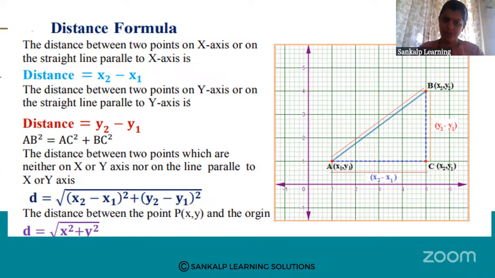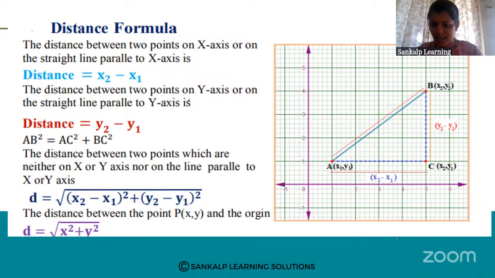So distance formula is D is equal to, this formula is very important, D is equal to square root of x2 minus x1 whole square plus y2 minus y1 whole square. This formula is used to find out the distance between 2 points on x-axis or on a straight line parallel to x-axis.